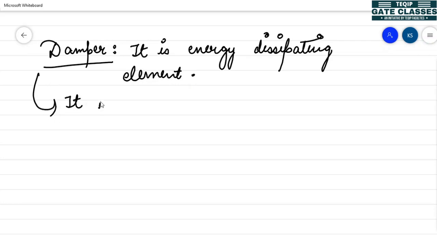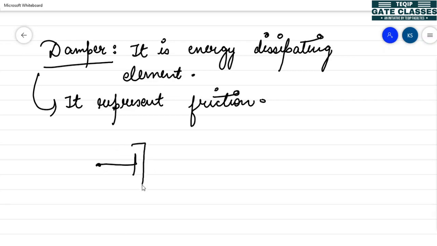It represents friction in the system in the same way as in the mechanical translational system. So we can represent the damper as this block. The damping coefficient is F here.